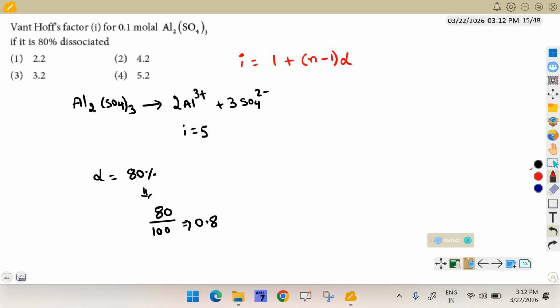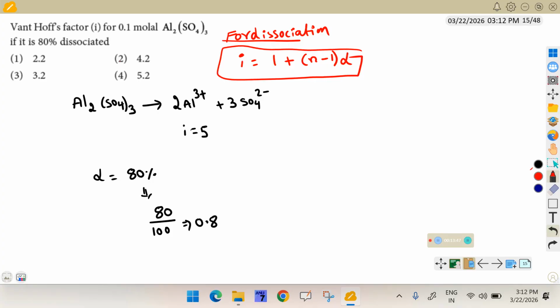Van 't Hoff factor i for 0.1 molal Al2(SO4)3 if it is 80% dissociated. For dissociation, the relation between Van 't Hoff factor and degree of dissociation is i is equal to 1 plus (n minus 1) into alpha.